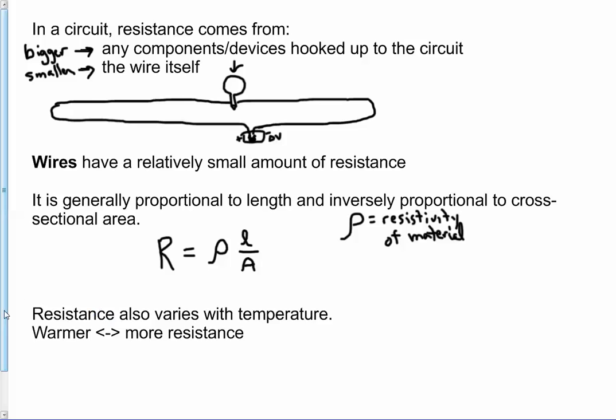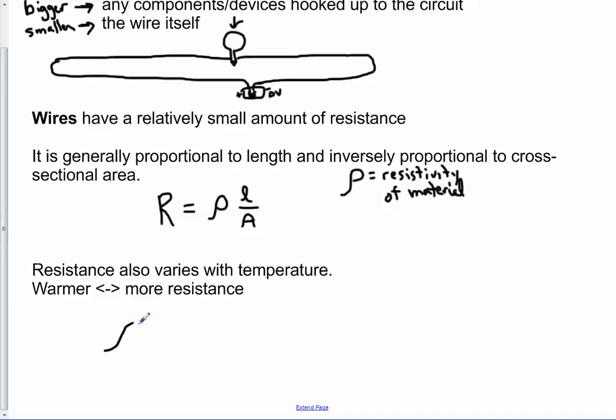And we can quantify that. Here's the equation. I mentioned that you look up rho on a table. What you actually look up in a table is rho naught, which is a base resistivity, the resistivity at 20 degrees Celsius, at least that's how the table in our book works.